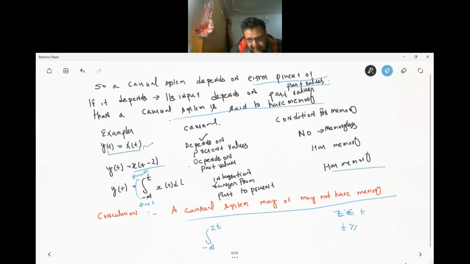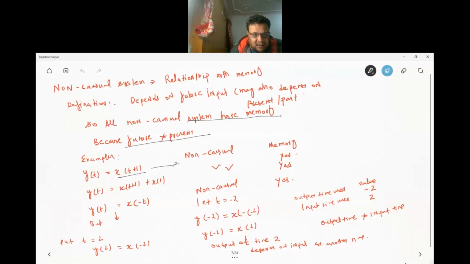If the upper limit goes to 2t, in this system it would be non-causal straight away. If it was minus infinity to 2t of x of tau d tau, then it would be a non-causal system. So keep this in mind.